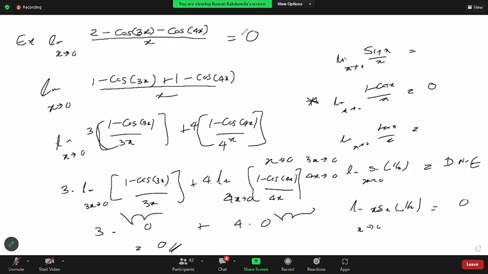I hope you all got this technique for computing limits. Today we did piecewise functions, computing limits of piecewise functions, and the major target was considering the trigonometric functions. So we did it now.